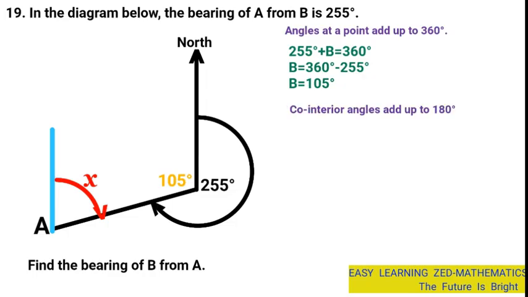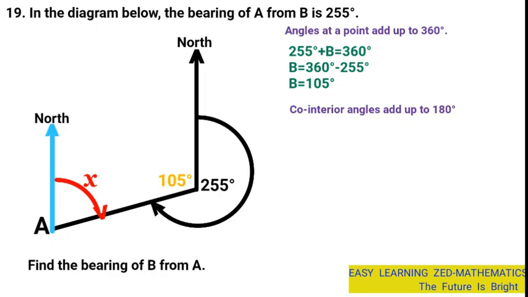In case you are wondering why we are using that property, you should know that the blue lines here are the north lines, and they are parallel to each other as they are going in the same direction and will never meet.